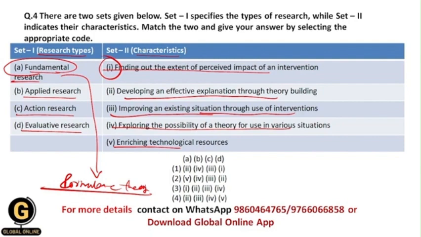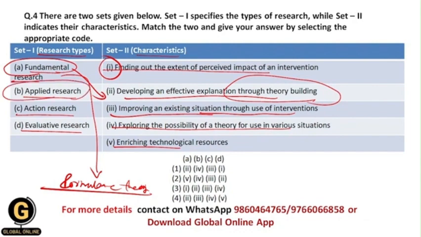Okay, and that's why fundamental research goes for the second option, developing an effective explanation through theory building, because here there is only one option in which we are building a theory. It means that we are formulating a theory, and that's why fundamental research goes for the second option.